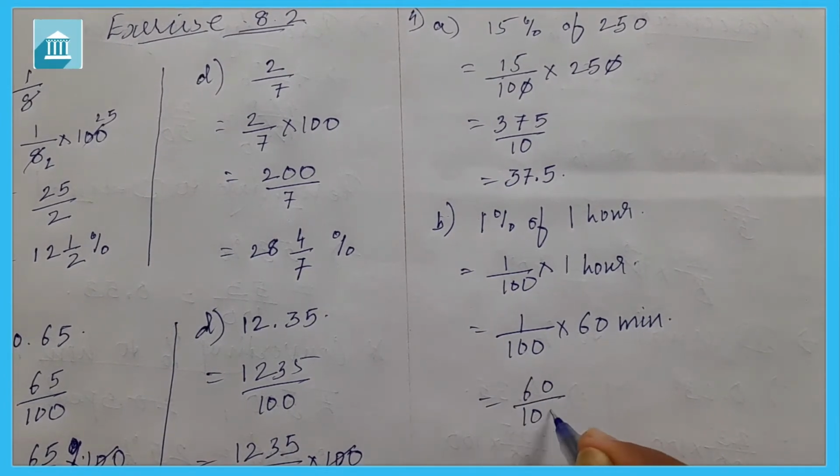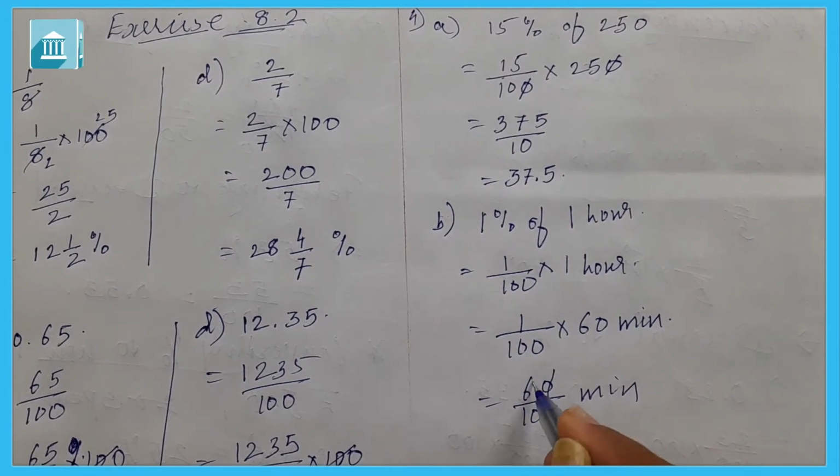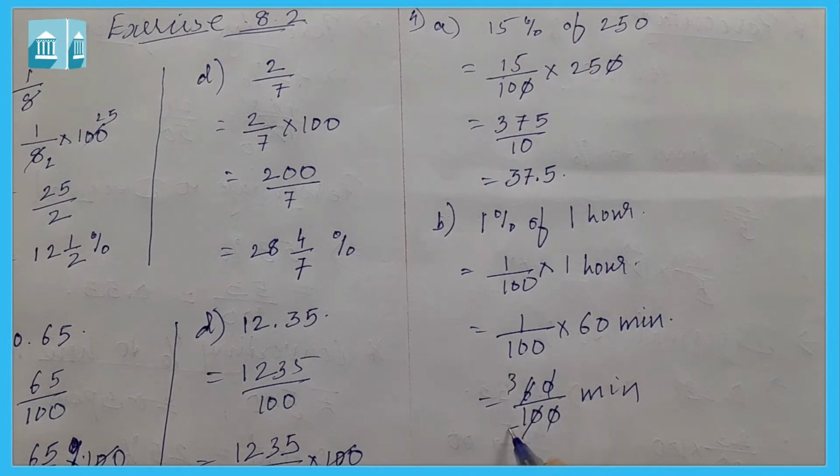60 upon 100 minute, 0 0 cut, or here also these both are divisible by 2. Here it is 3 and here it is 5. So we can say 3 by 5 minute.